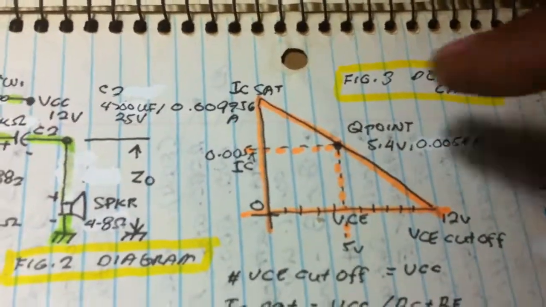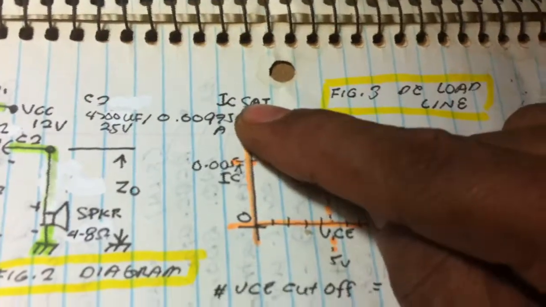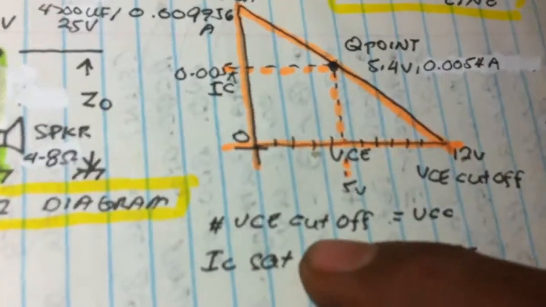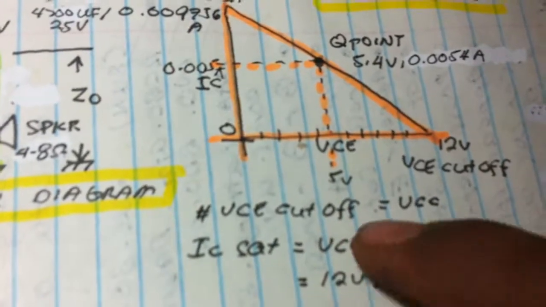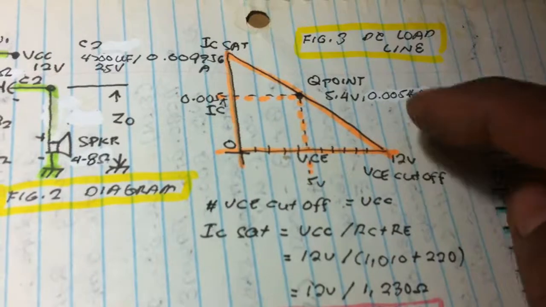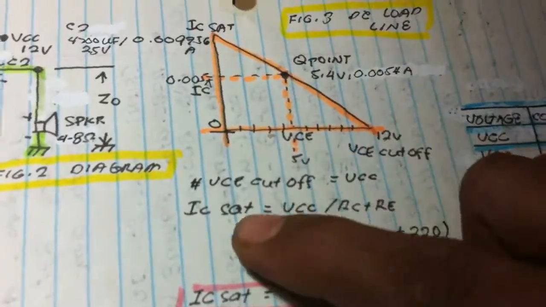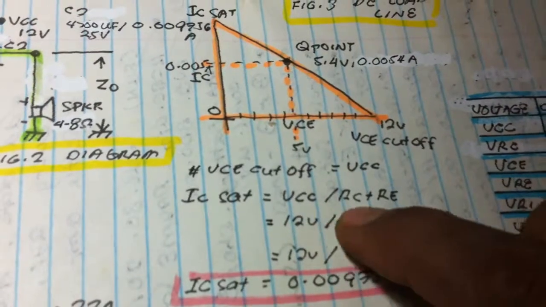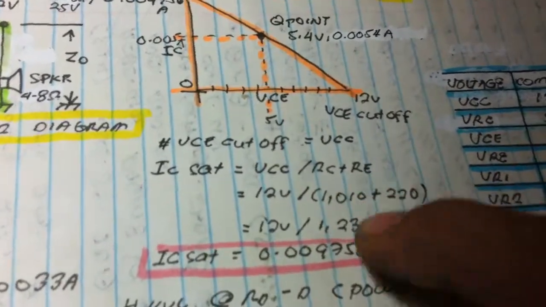So for computing the IC sat, of course VCE cutoff is equal to VCC, 12 volts. For the IC sat, we're going to use this formula. IC sat is equal to VCC over RC plus RE.